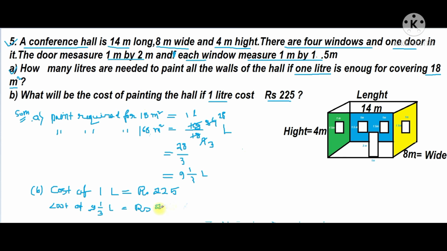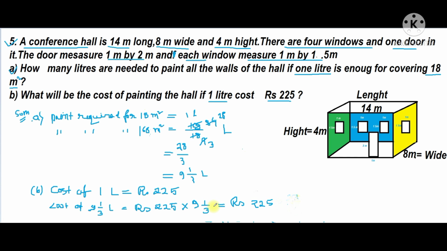Okay, so 9 1 by 3. Now we'll write 225, and then you see this mixed number 9 1 by 3, it will be 28 by 3. Okay, 9 threes are 27 plus 1 is 28.